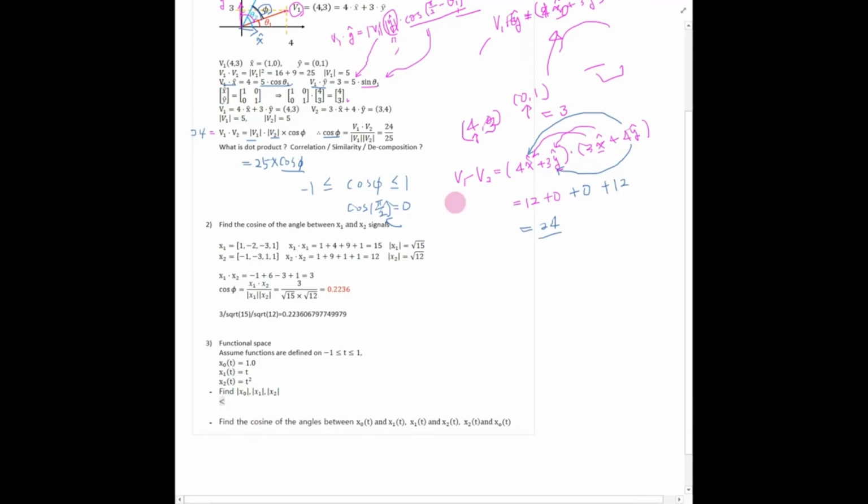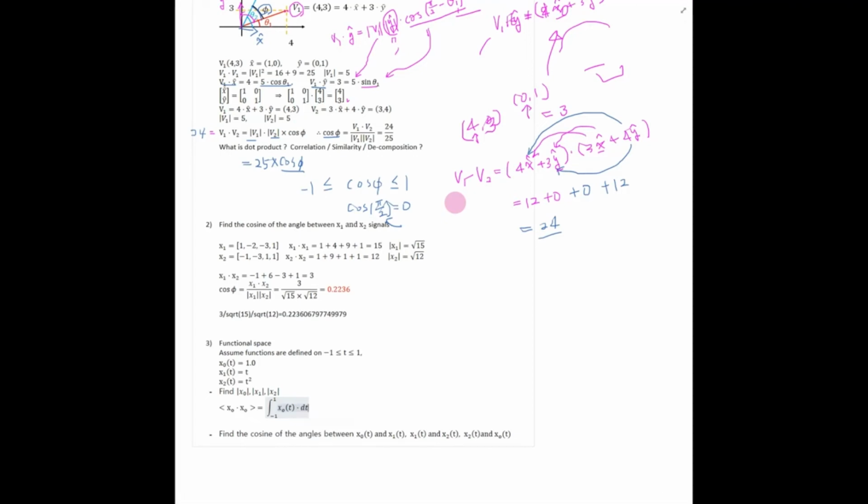So x0 dot x0 is defined by integration over the whole range, -1 to 1, of x0(t) dt.